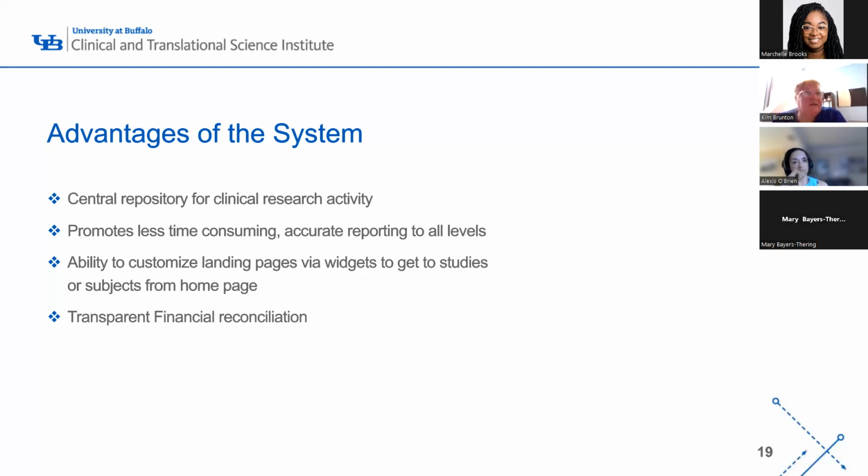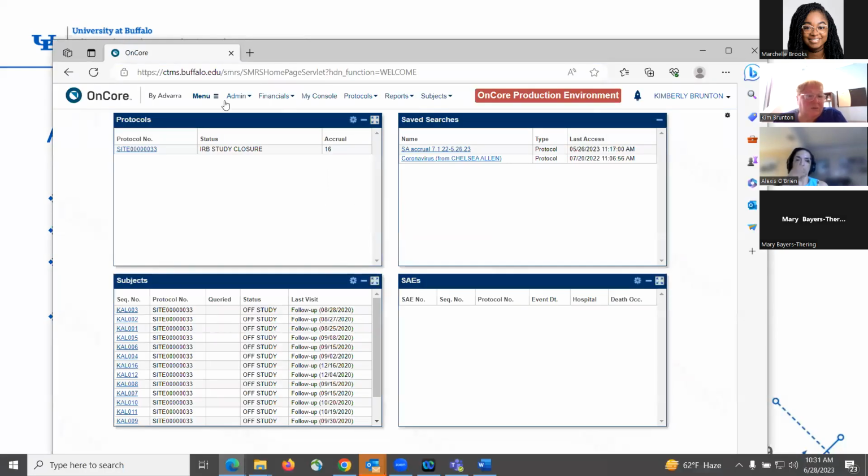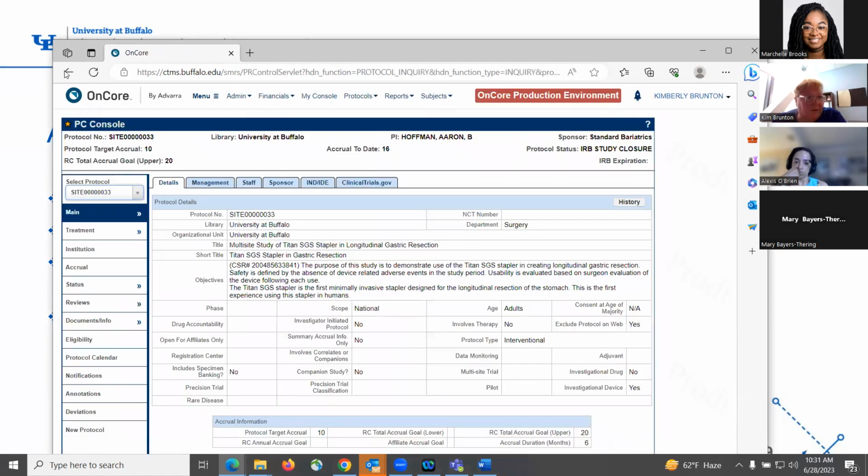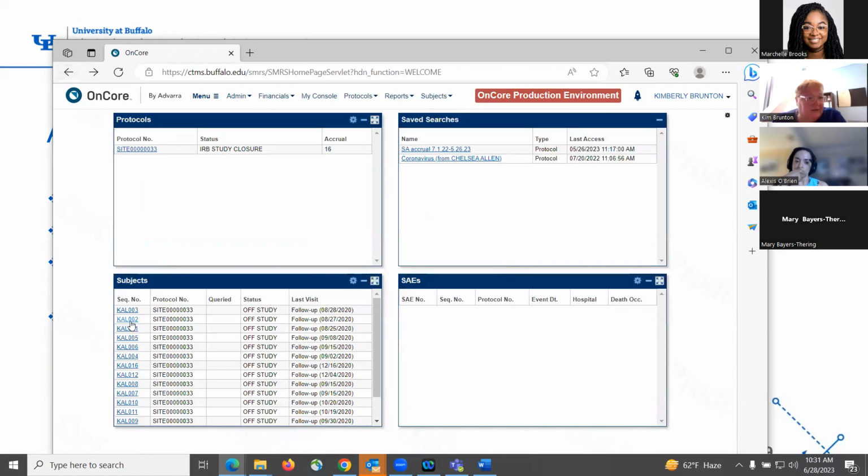You have the ability to customize landing pages via the widgets, and it helps to get to your subjects or studies very quickly. And I'll bring that in here. So this is what your home screen will look like when you put in your protocols and bookmark your protocol, so you can get directly to that protocol, and directly to a patient within that protocol.